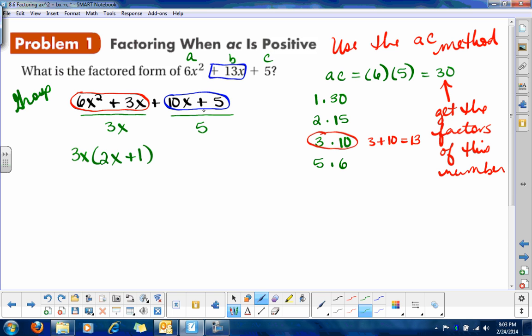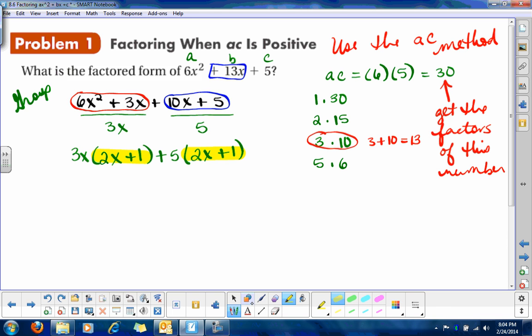And then on the other term, we're going to factor out the GCF 5. So that's going to be plus 5 times, 10 divided by 5 is 2x, and then 5 divided by 5 is 1, plus 1. Now, if you grouped them correctly and you factored correctly, then you should notice that you have two binomials that are exactly the same.